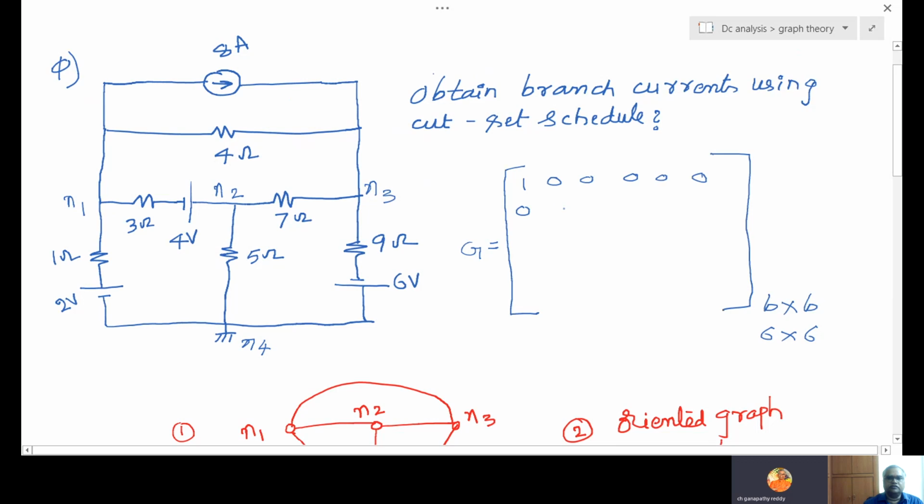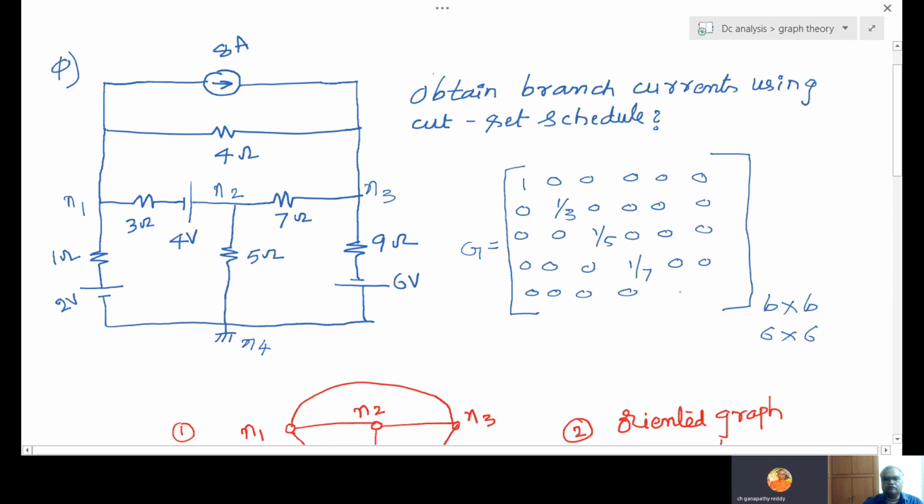Then second is 1 by 3. Remaining 0. Third one, 1 by 5. Then zeros. Fourth one, 1 by 7. Remaining 0.